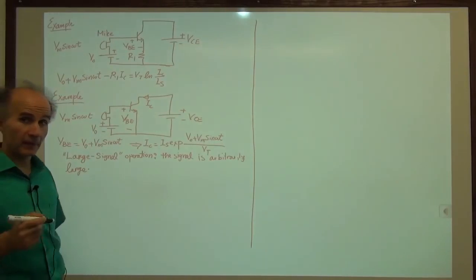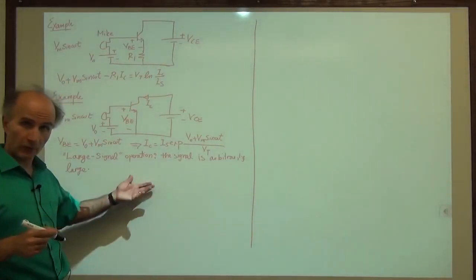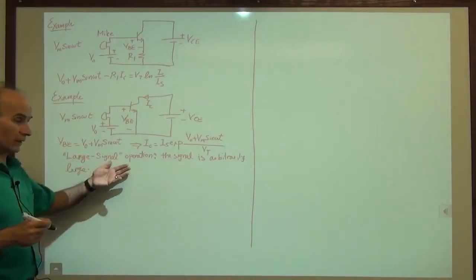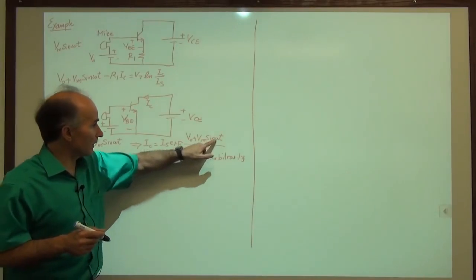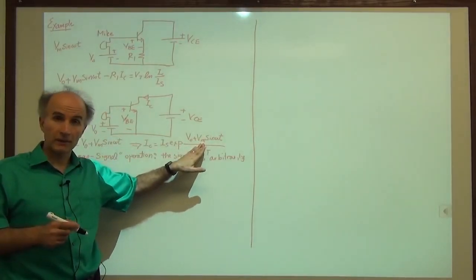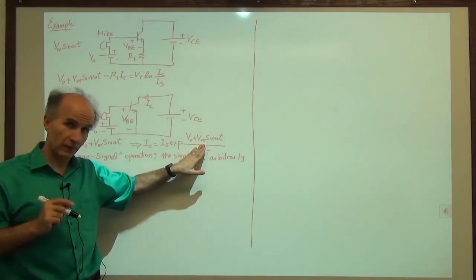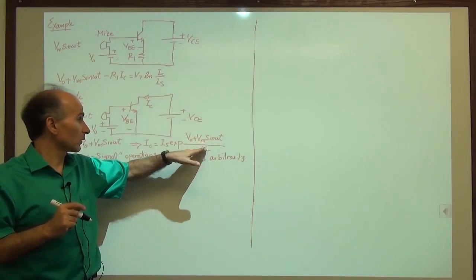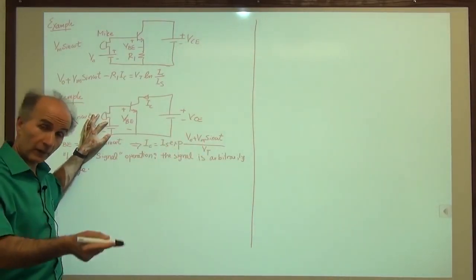That's all. It doesn't mean that it's large all the time. Sometimes it could be small, but it could be also large. That's why we call it large signal operation. Large signal operation means that this signal, which is coming from the microphone, doesn't have any limitation on it. Of course, as long as we are in the forward active region. V0 is how much? 750, 800 millivolts.